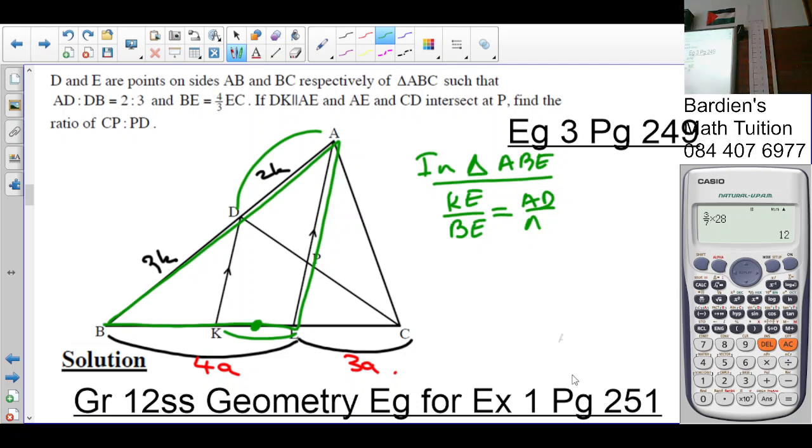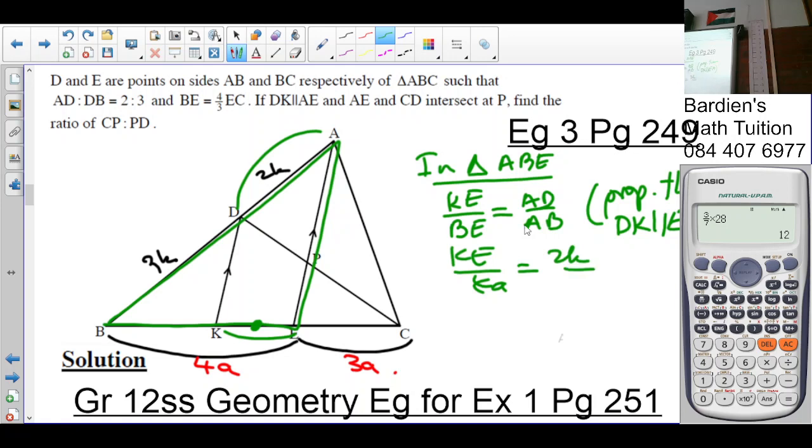Okay, so it's going to be AD over AB. Why? Because of the proportionality theorem with DK being parallel to EA. So now we know that KE, which is what I'm calculating, over 4A is equal to AD, which is 2K, over 5K.